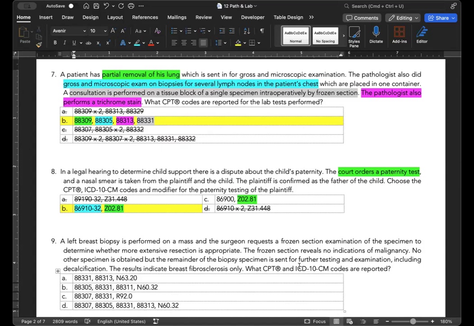Not paternity. And then it even says underneath, test, paternity tests. Use 86910. I'm going to highlight that. The wording is definitely very weird, but there are multiple things pointing us to that 86910. Okay.